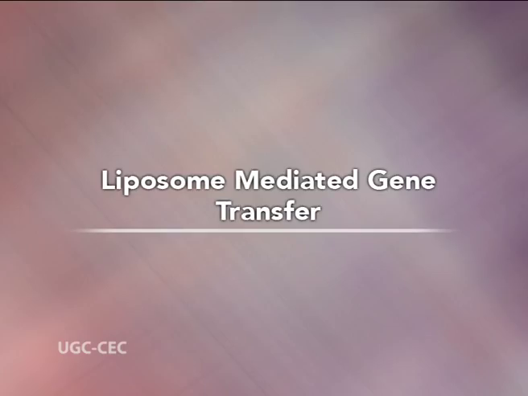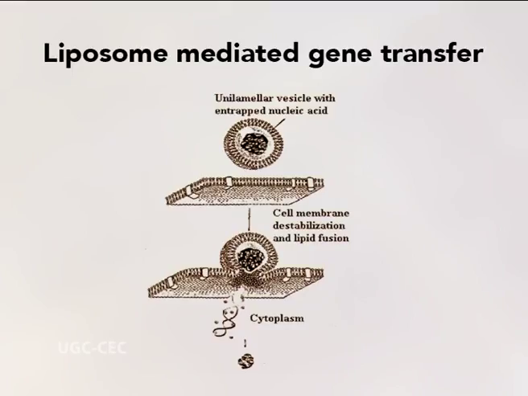Liposomes are spheres of lipids which can be used to transport molecules into cells. These are artificial vesicles that can act as delivery agents for exogenous materials including transgenes. They are considered as spheres of lipid bilayers surrounding the molecule to be transported and promote transport after fusion with the cell membrane.